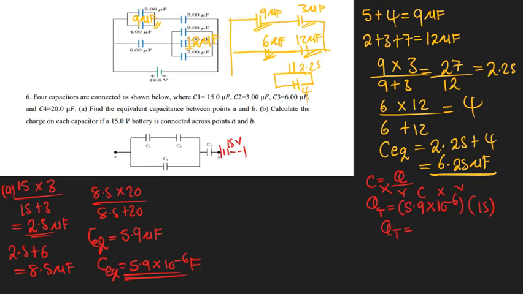Our total charge is going to be 5.9 multiplied by 10 to the power negative 6 multiplying by 15.